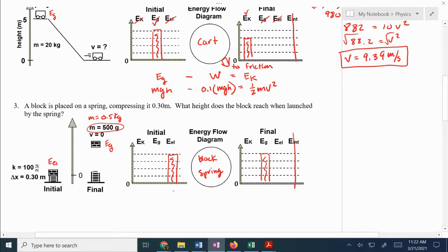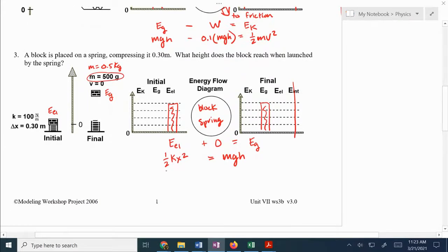So our equation for this one would just look like elastic energy plus 0, because no energy in or out, is equal to gravitational energy. So it's going to give you 1/2 kx squared is equal to mgh. So 1/2 times 100 times 0.3 squared is equal to, what's the mass? 0.5 times 9.8 times h.